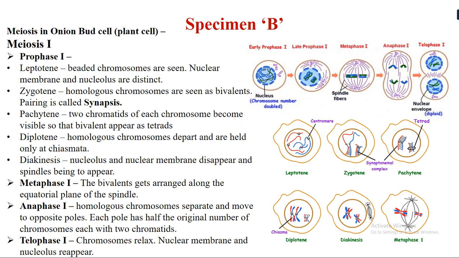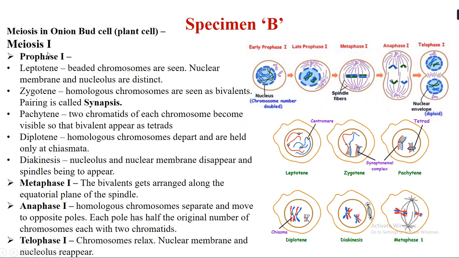Meiosis 1, which we are going to study right now, results in the reduction of the chromosome number. Whereas meiosis 2 maintains the chromosome number but is necessary to reduce the amount of DNA that was doubled during DNA replication. So let us study the stages of meiosis 1 first and then we'll go to the stages of meiosis 2.